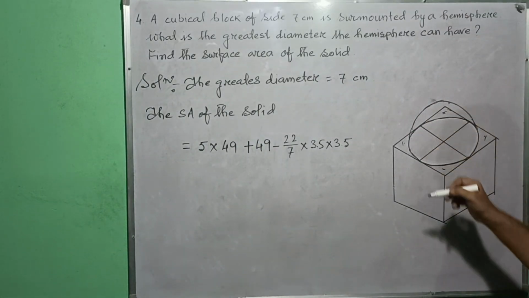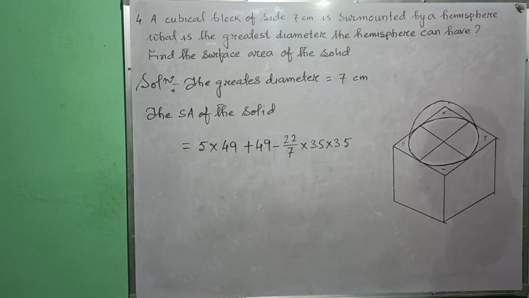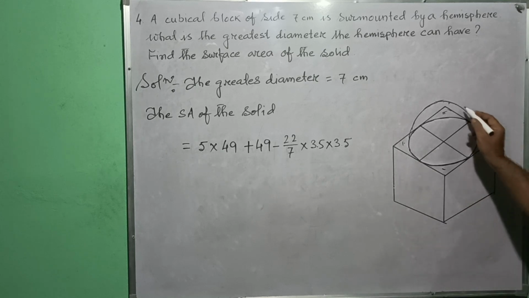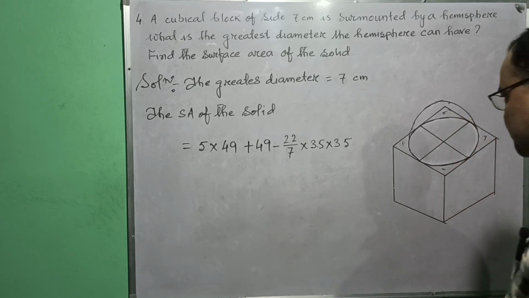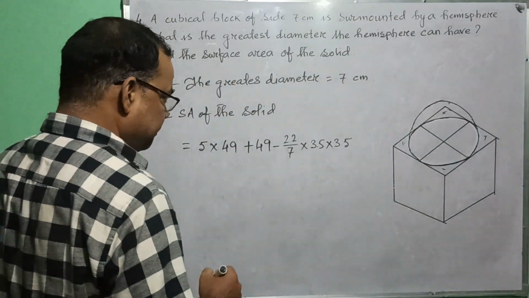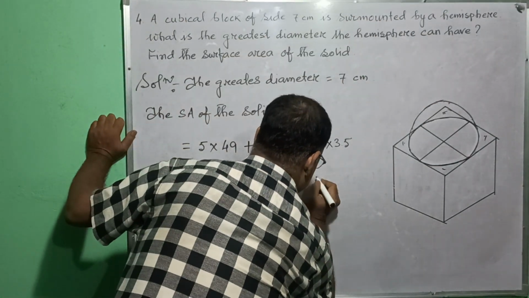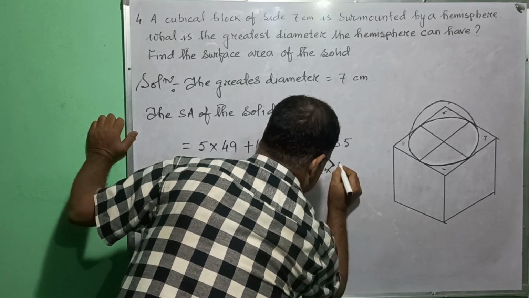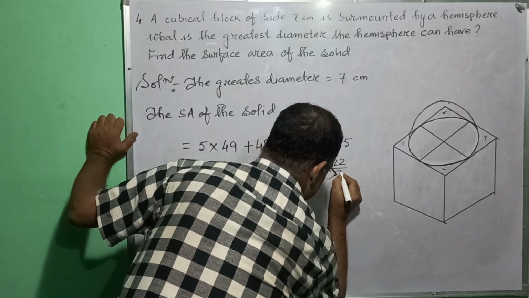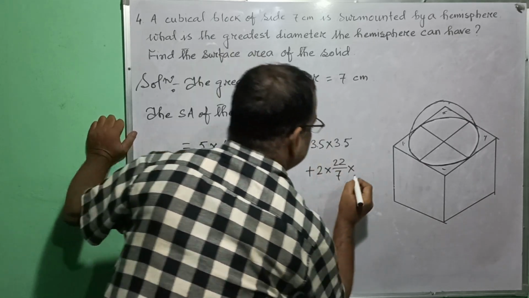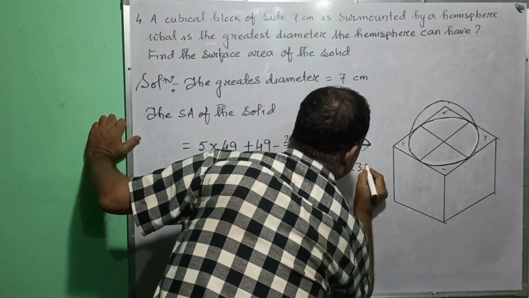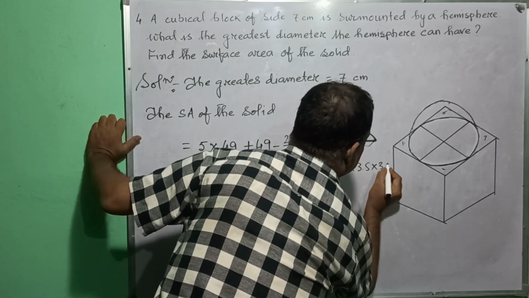Now the surface area of the hemisphere, and it is 2 pi r square. So we'll write plus 2 into 22 by 7 into 3.5 into 3.5.